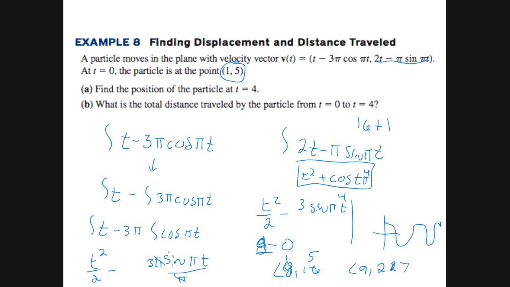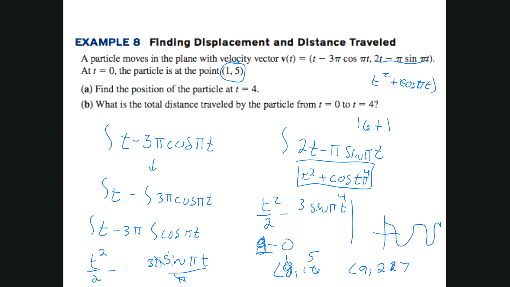Can you guys see what I did wrong here? So I've got to square that, so that would just be t squared, right? And then if I took the integral here, that's going to be plus negative cosine, so that's going to be 2 divided by pi. So that to me is correct. Cosine of pi t, isn't it?